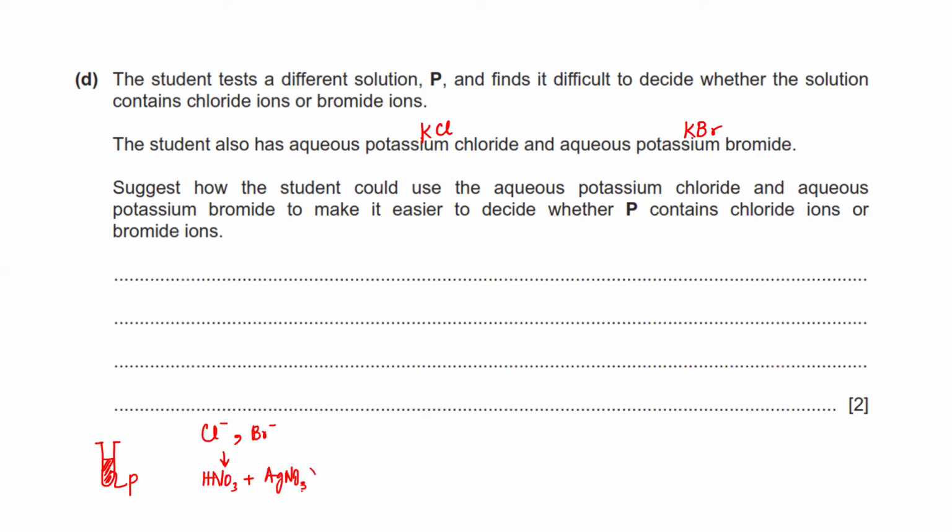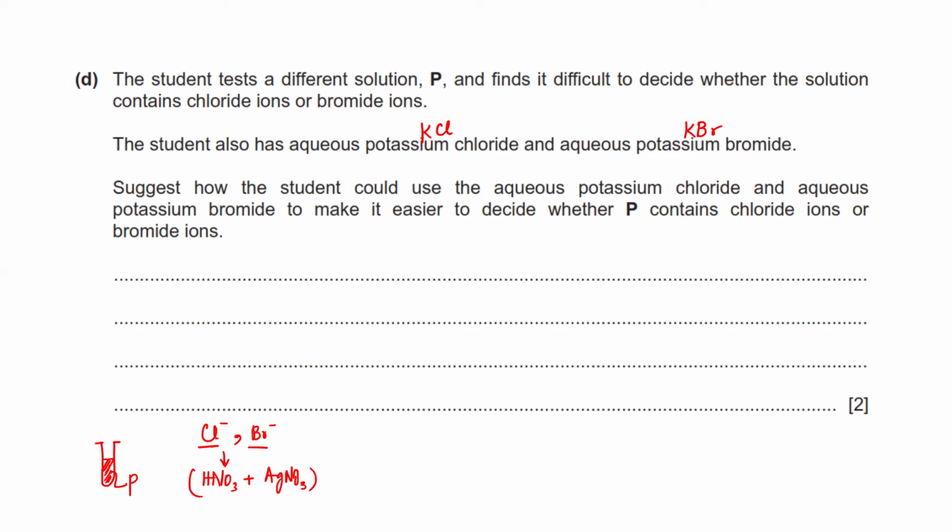So with chloride ions, you will get a white precipitate. With bromide ions, you will get a creamish precipitate. So it is a good possibility that the color of the precipitate becomes a little difficult to judge.